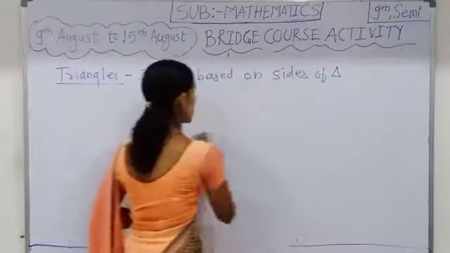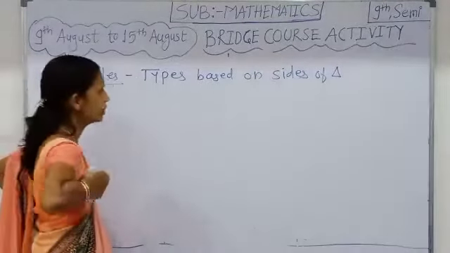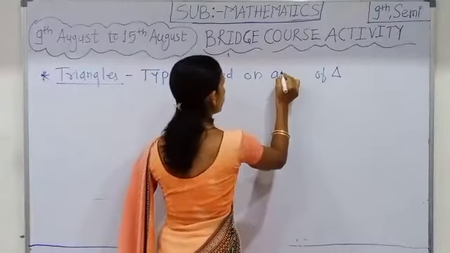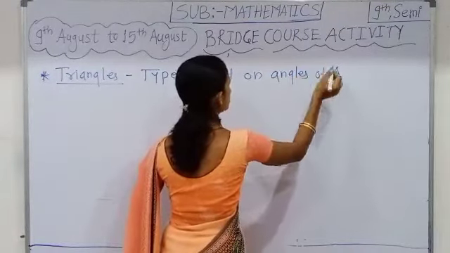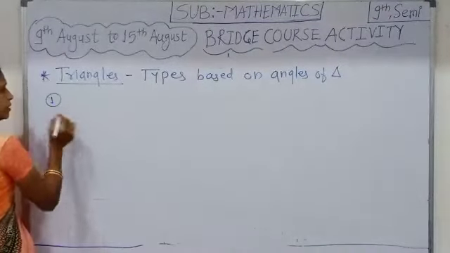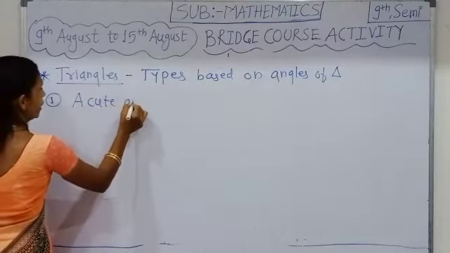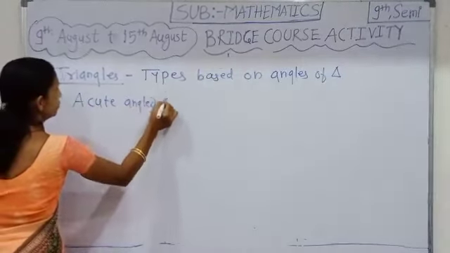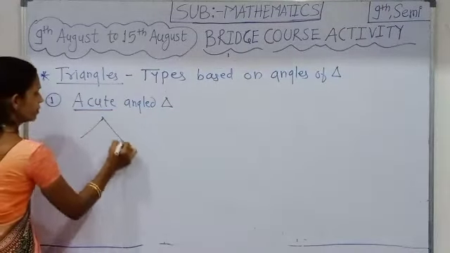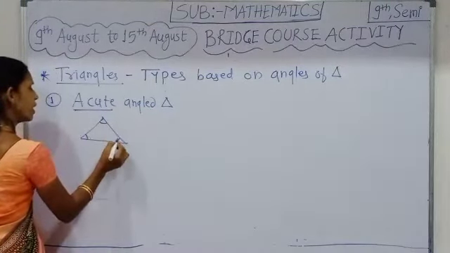There are also three more types of triangle based on angles. First, acute angled triangle. The name itself indicates that it is a triangle in which all three angles are acute.